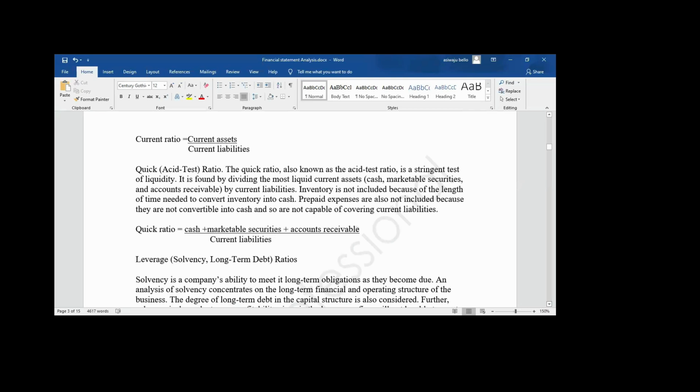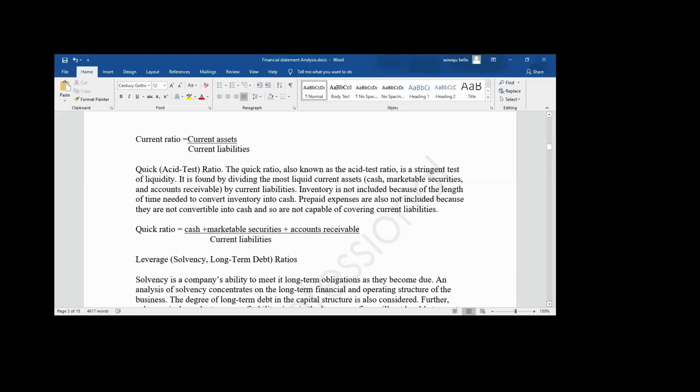The solvency ratio measures the ability of a company to meet its long-term financial obligations as they become due. When we look at liquidity ratio, it is your ability to meet your short-term financial obligations. Solvency ratio measures the ability to meet long-term obligations as they become due.